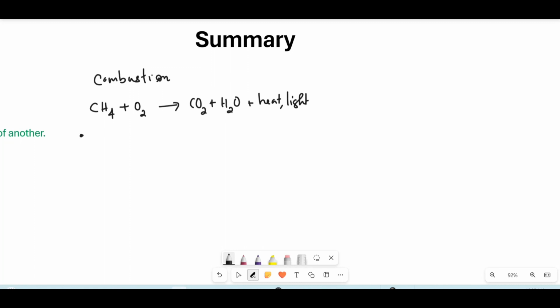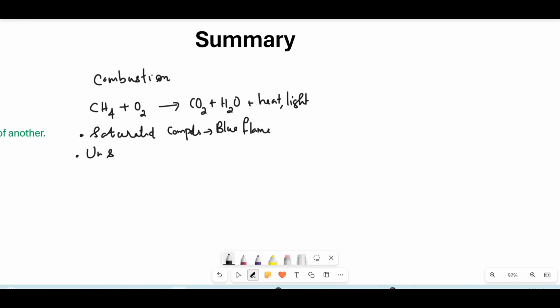So what are the points we should note here? Saturated hydrocarbons will give you a blue flame, because complete combustion takes place.